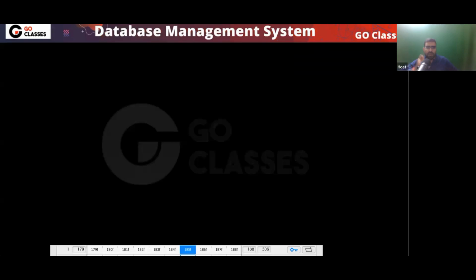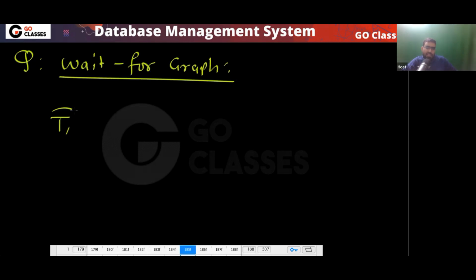Okay, very simple. Now you tell me, is this system in deadlock? This is my question. Let's assume I give you a wait-for graph. The wait-for graph is like this: T1, T2, T3.